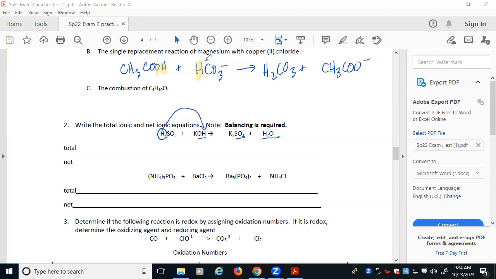The compound on the left is a base. The compound on the right is an acid.